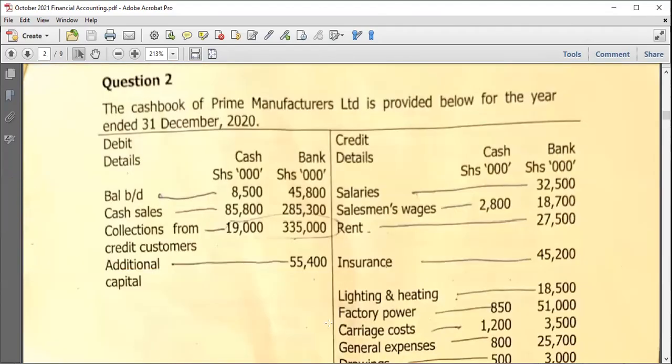The whole principle here that you need to take into consideration is, just as they gave us a trial balance, remember here in these questions that we have been looking at, I hope that this is the question. Yes.